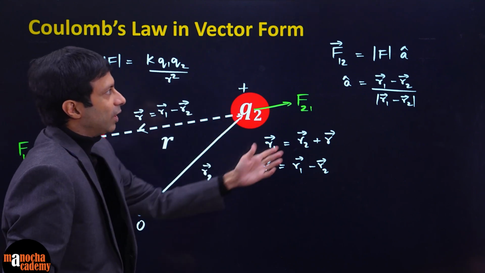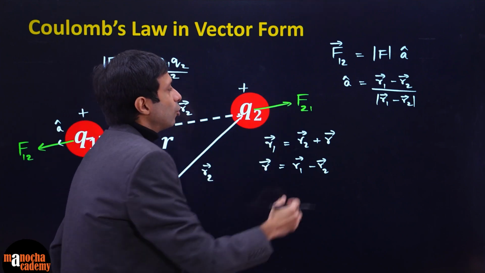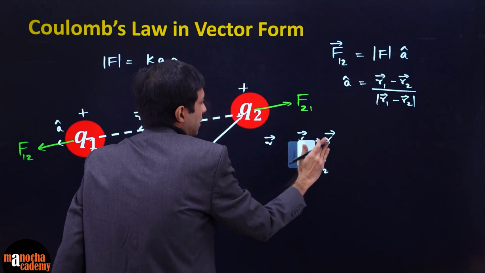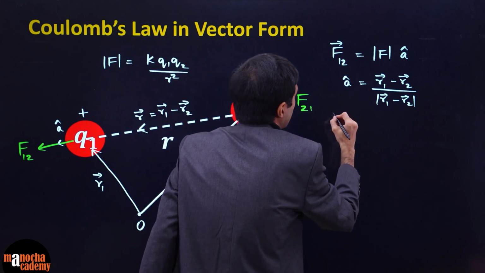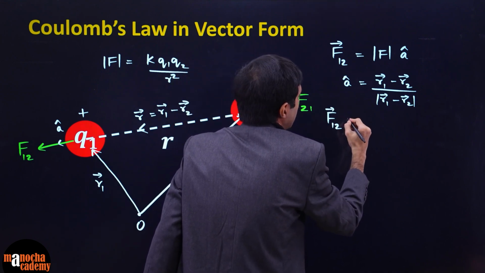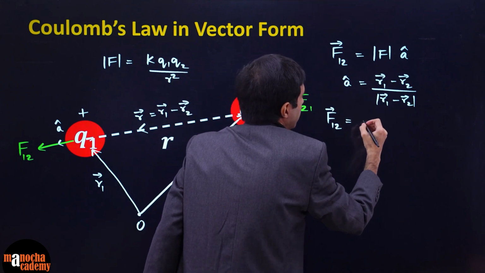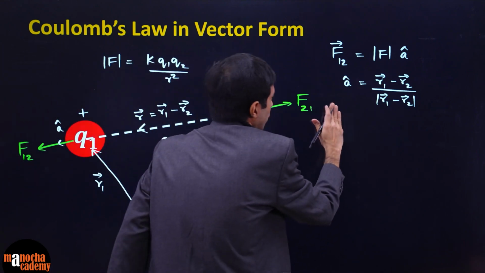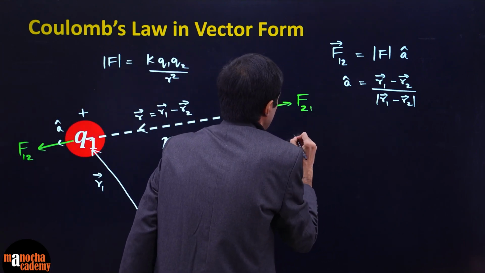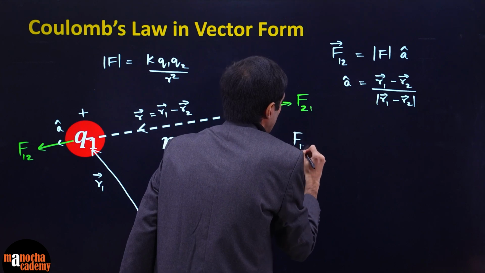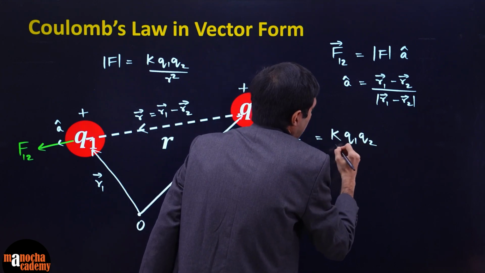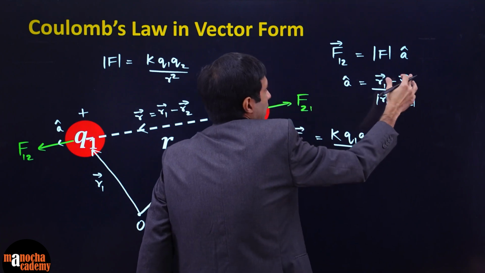Okay, so there's my unit vector. Now all I have to do is substitute it over there. So therefore, what will I get? I'm going to erase this. And therefore, what do I get? That F12 is the magnitude of the force, which we can copy down from here, K Q1 Q2, right? So let's copy that down here. So we can say F12 is K times Q1 Q2 by R square multiplied by this.